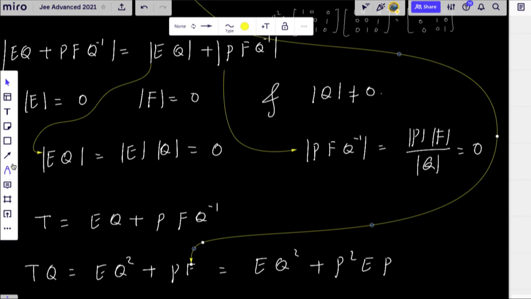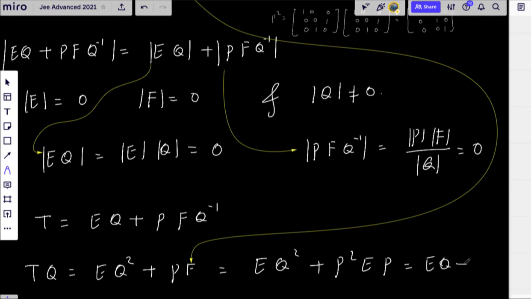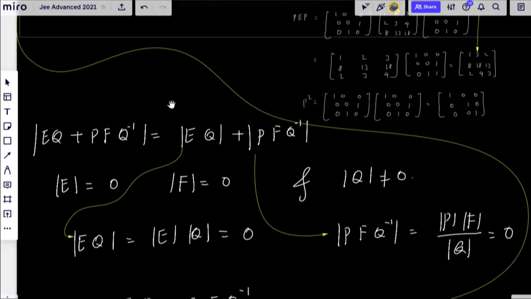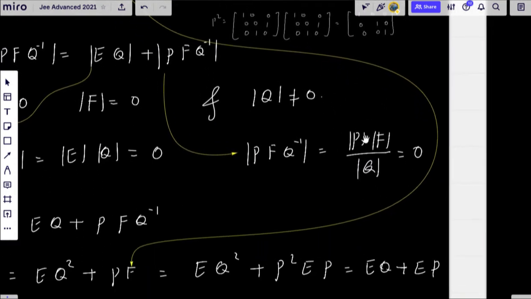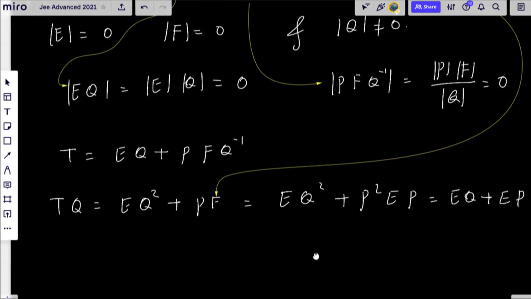Once we get P square EP, then you can say over here that it is EQ plus EP. Why? Because as you know, P square is equal to the identity matrix. Now you can apply this concept over here. P square is the identity matrix. Okay, so what do you say about here?